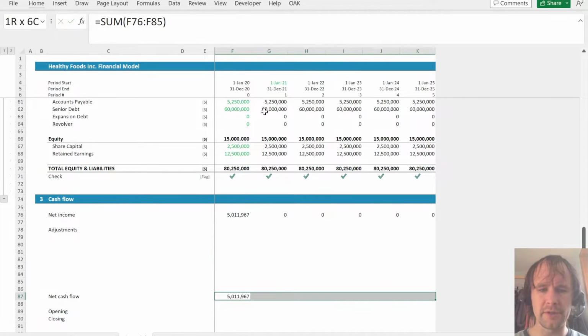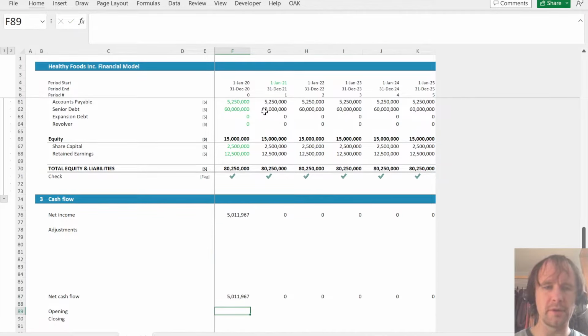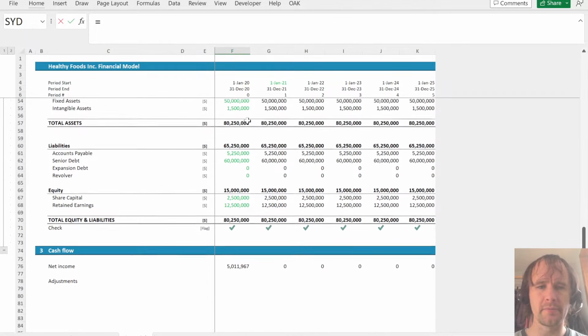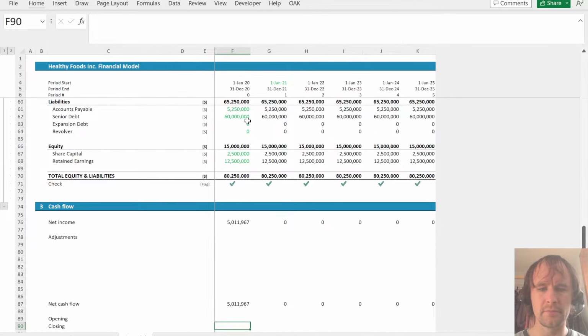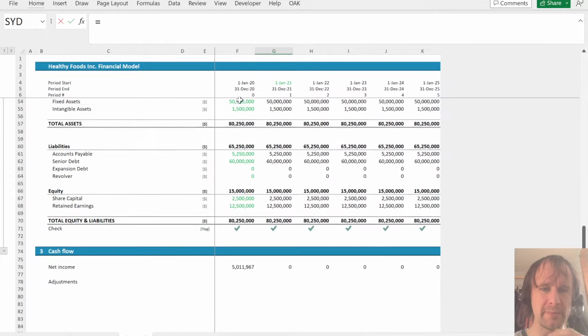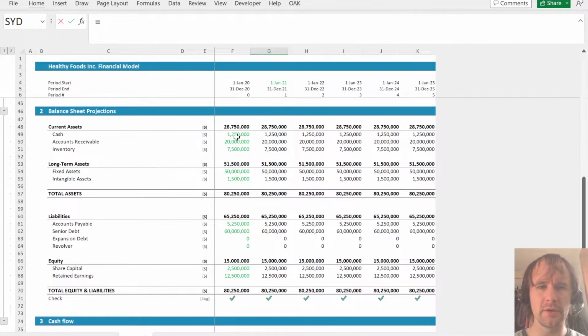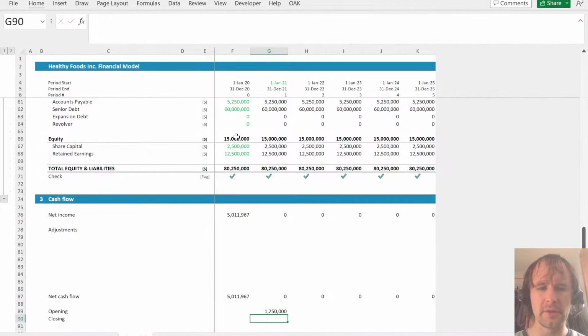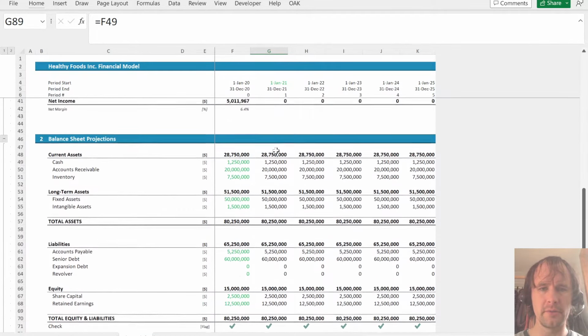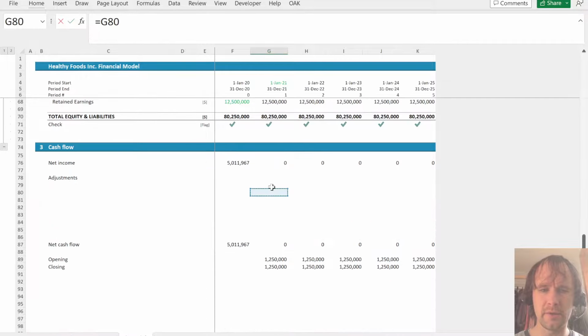And then we'll refine this as we go. But if I do it this way, it'll allow me to make sure that my balance sheet stays balanced as I make changes. So the opening is going to be the previous period's closing, and then that plus that gives me the closing. And then I'll carry both of those across, and then I will link this down to there.